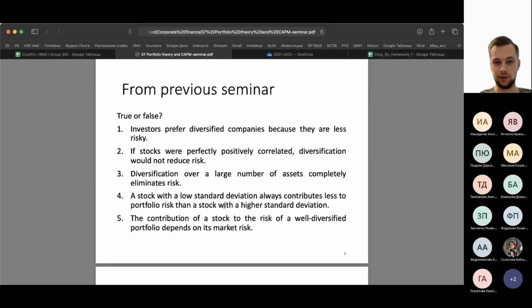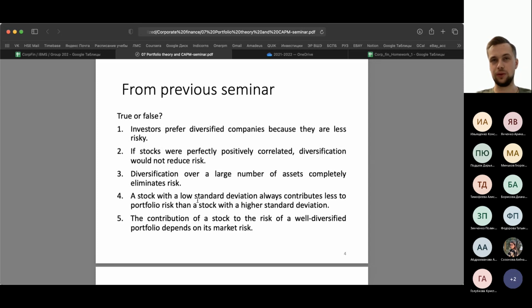so we should look at the betas for these stocks, and also if we are forming a portfolio of 2 stocks, the risk of the portfolio will be calculated by the formula that we know, and the standard deviation is not the only parameter in the formula.